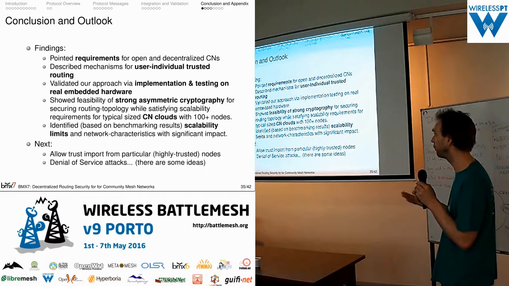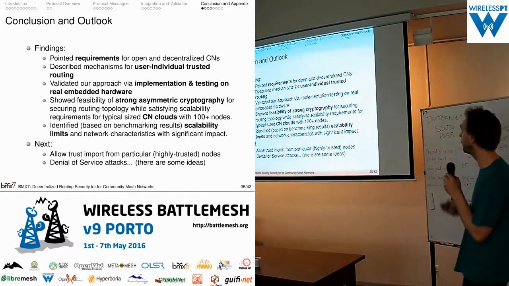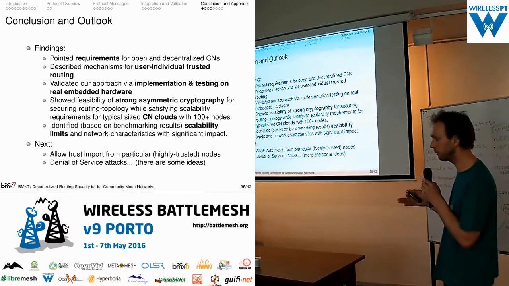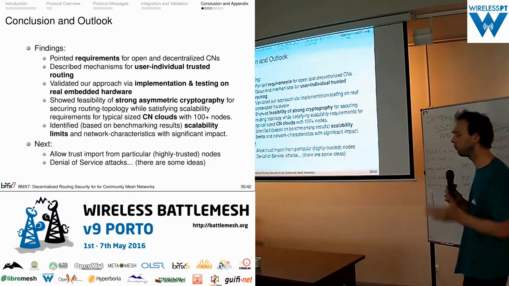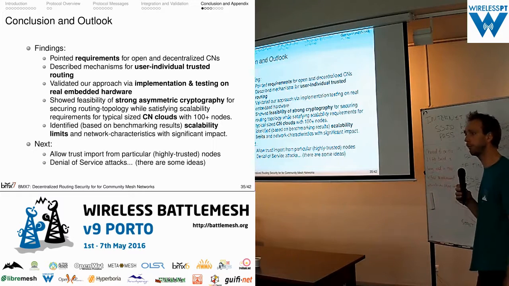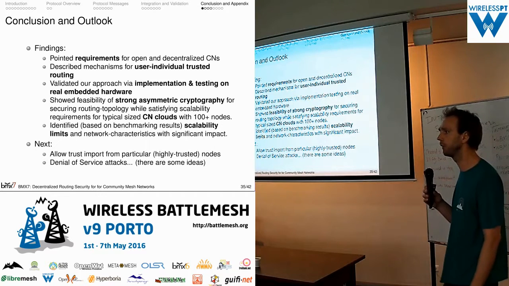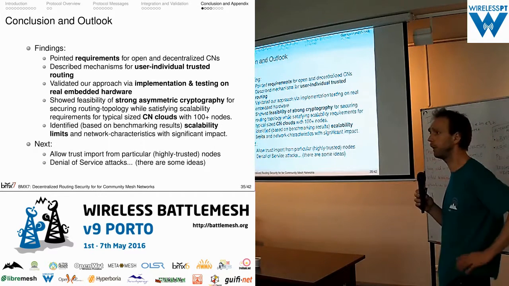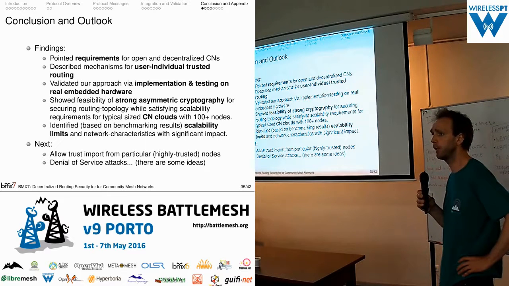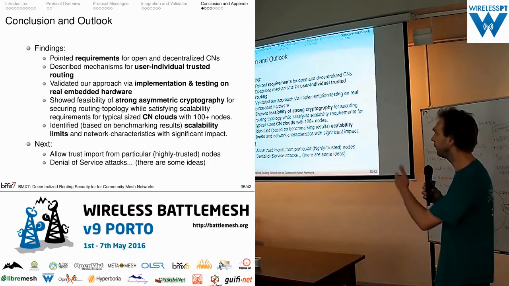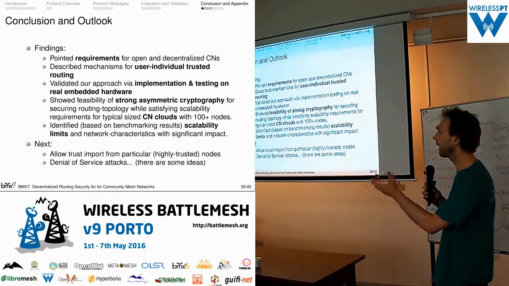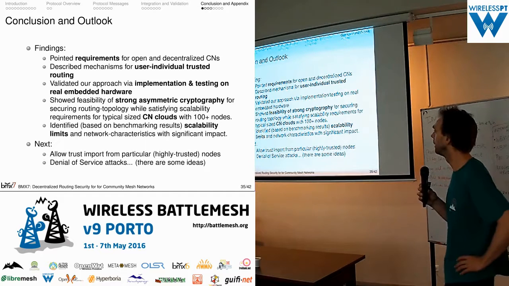I proposed a way to do it anyway, just by leaving this decision to the individuals, and validated it with my implementation, which showed to be feasible in embedded devices and up to a given number of nodes, which is also common for many existing community clouds. Many clouds are in the range of 100 or 200 nodes, and as we've seen, it could scale up to even more. At least it was not reaching the limit of these nodes yet.